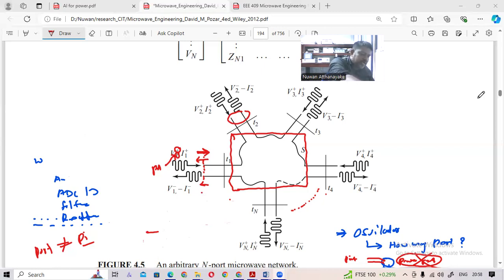That's it. If you are connecting an input signal or getting out a signal, that is a port. That's enough. Did you get it?